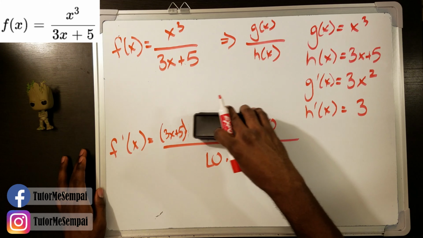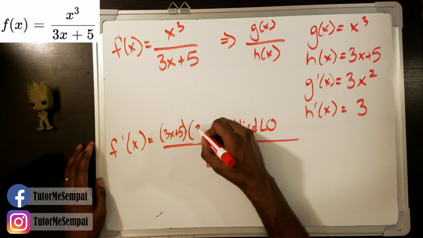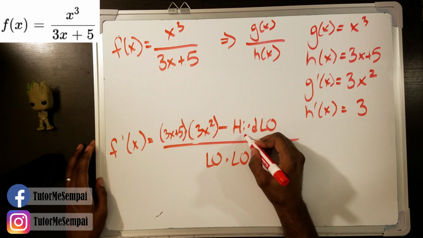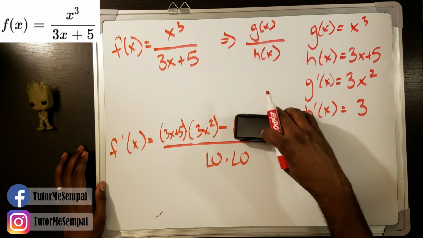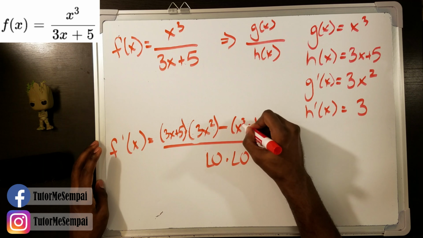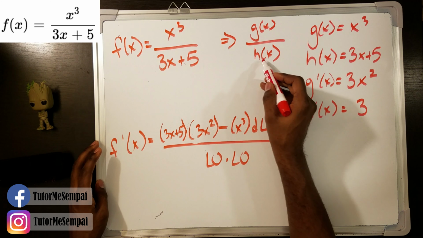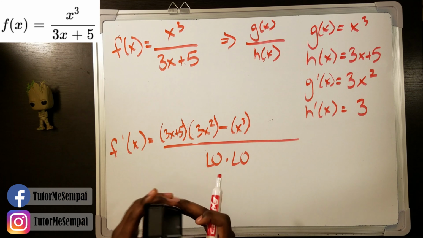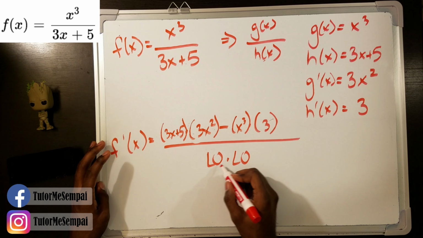So we're going to substitute our 3x squared here, minus our high, which is just this x cubed, right? So our g of x. So we're going to put that in here. X cubed. And our d low is going to be a derivative of h of x, which is h prime of x, which is simply, in this case, 3.